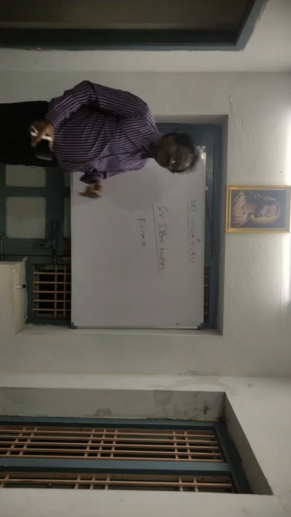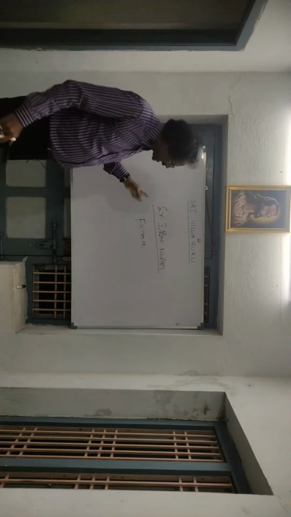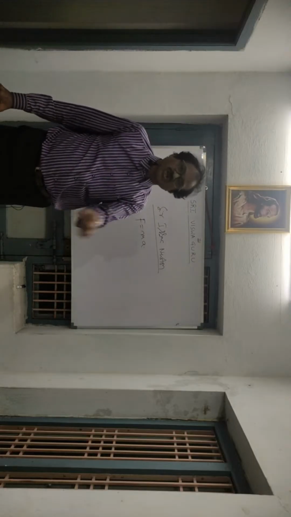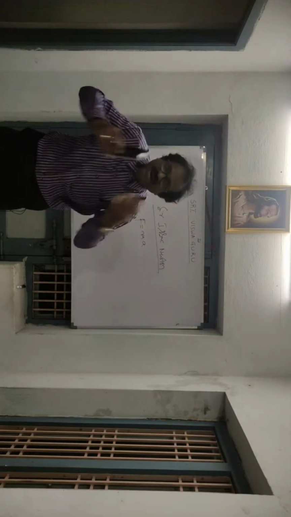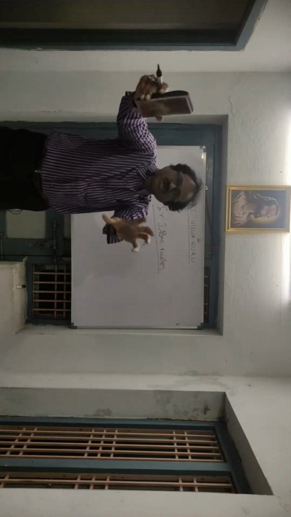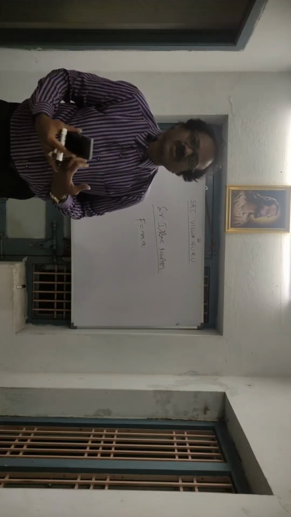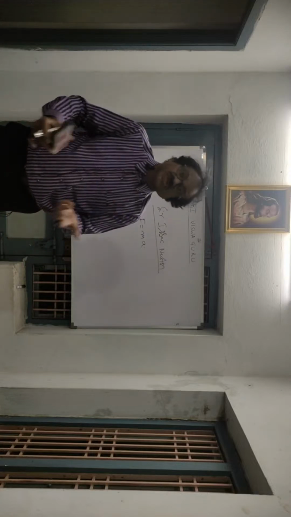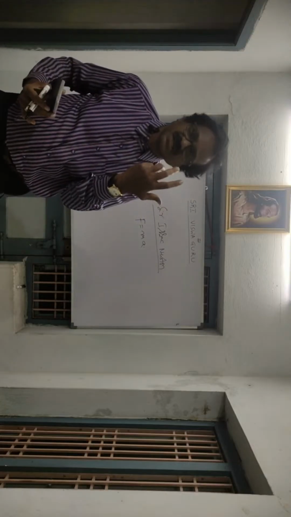What is the first formula? We do not apply force on the particular object. In the second formula, what happens here? We apply force on the particular object. Then it takes direction, which means it takes speed, velocity, and covers some distance.